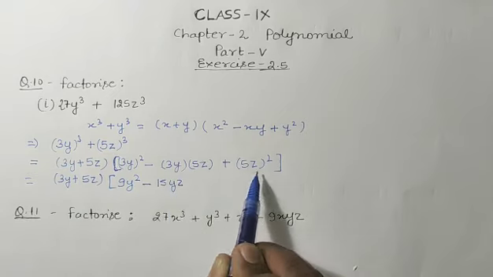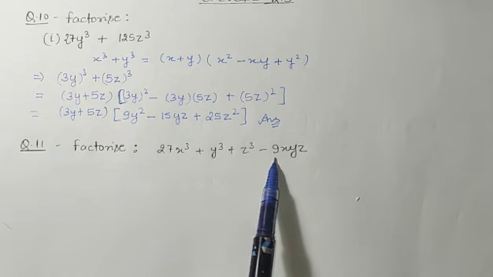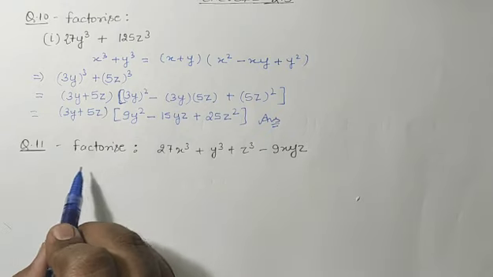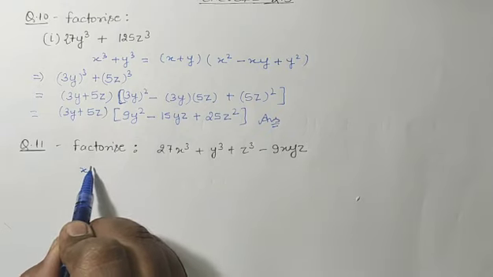Coming to the next question, students, factorize 27x cube plus y cube plus z cube minus 9xyz. So firstly you have to think about which identity this question is based on. It is like x cube plus y cube plus z cube minus 3xyz. What is the formula for this?